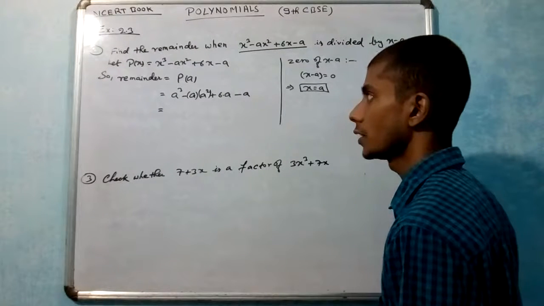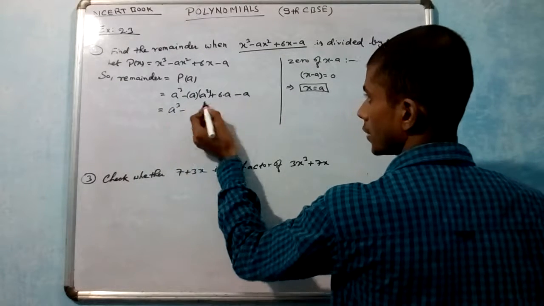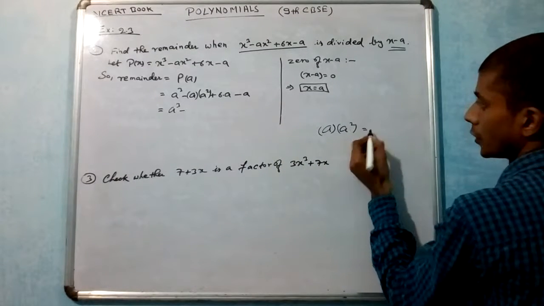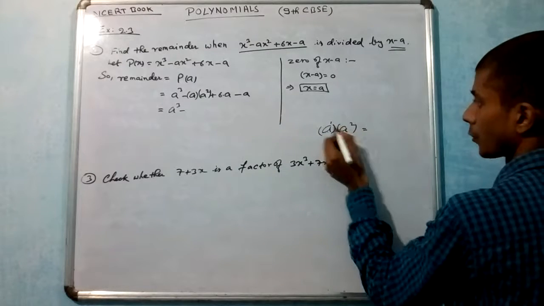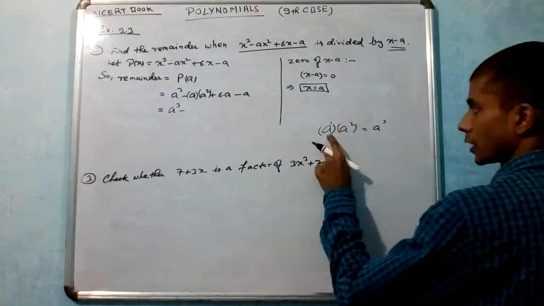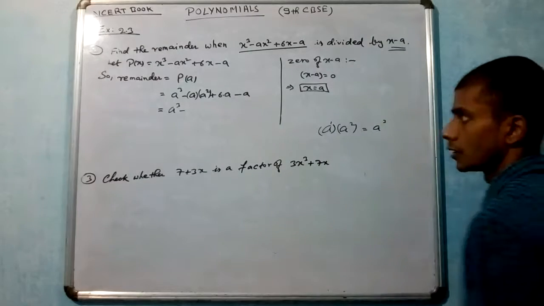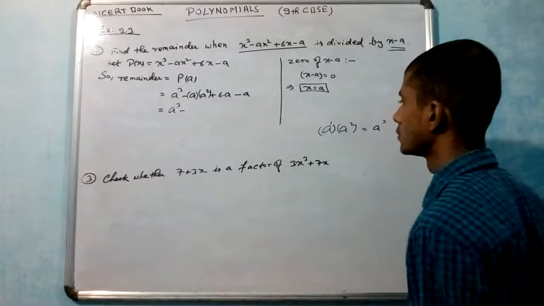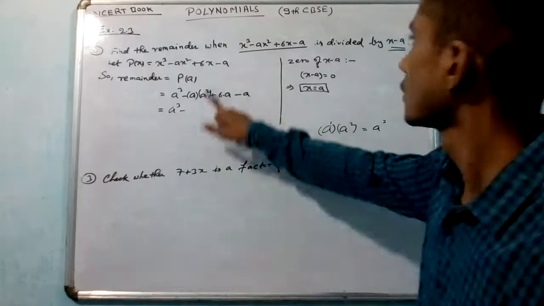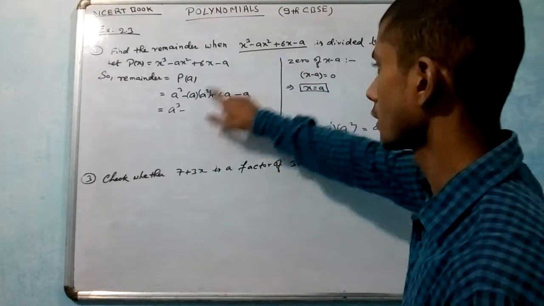So a cube, and minus a into a square. How much is a into a square? When two numbers are in multiplication with the same base, the powers are added. So 2 plus 1, 3. a cube. So here, for x cube I substituted a, so I got a cube.